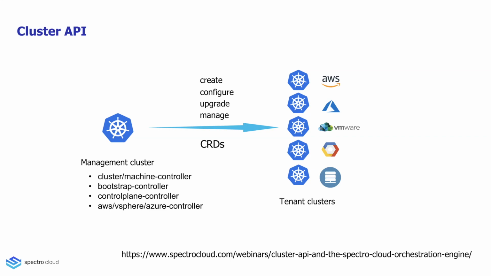Then the custom controllers running in a management cluster will continually launch a new node, bootstrap the node, and join the node, eventually bringing up the Kubernetes cluster in the target environment, whether it's a public cloud, private cloud, or bare metal.